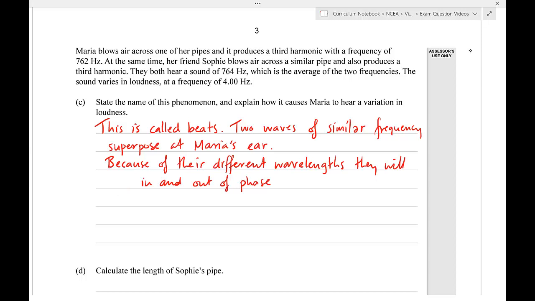Go is a bit unscientific. Let's say they will be in and out of phase alternately.